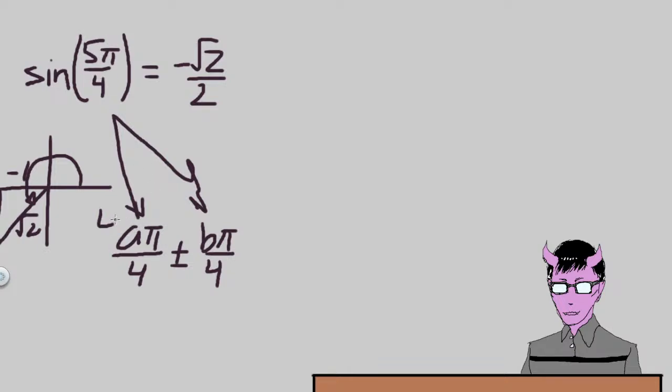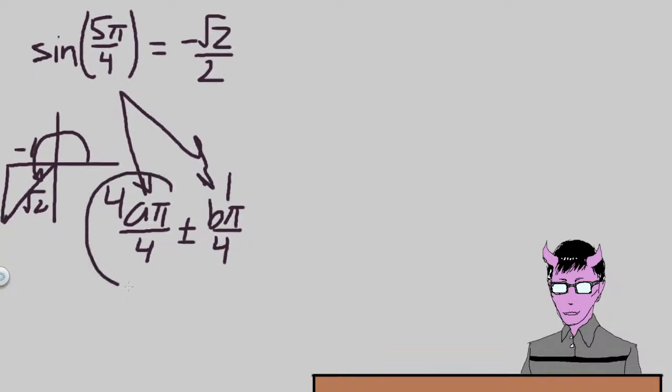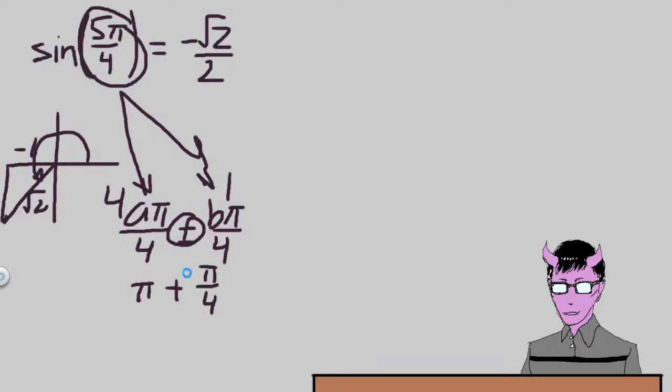So we're going to set a equal to 4, because 4 divided by 4 is a nice situation, and then we have to set b equal to 1, because 1 over 4, it's not divisible, but it is a nice pi over 4 scenario. So this is a very simple breakdown, and we'll keep it like this. This one simplifies into just pi, and we're picking the addition, so this is going to be plus a singular pi over 4. So thus we will break up the 5 pi over 4 into pi plus pi over 4.